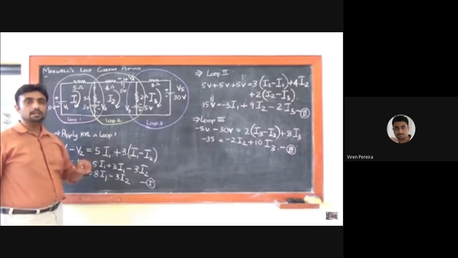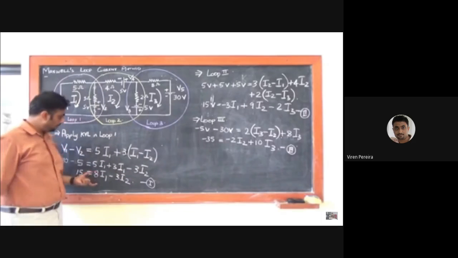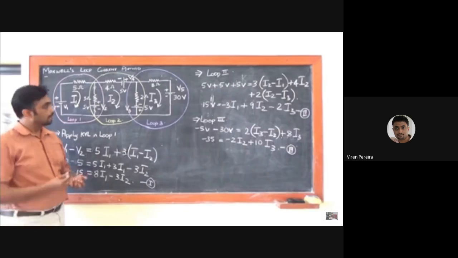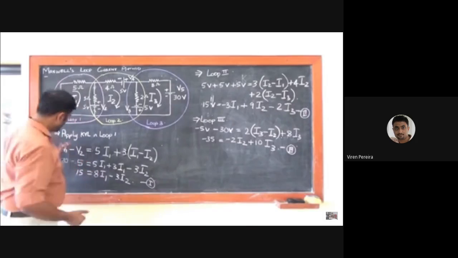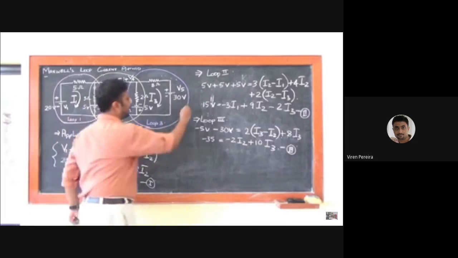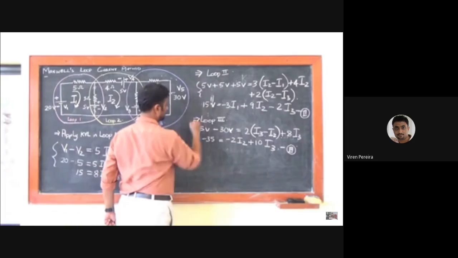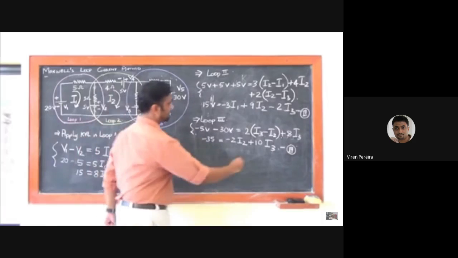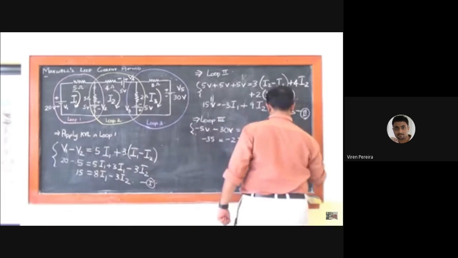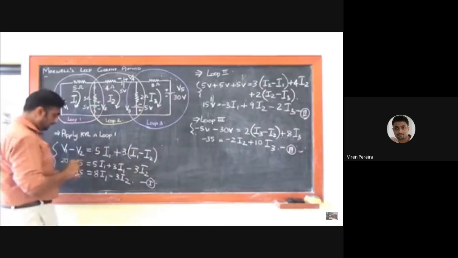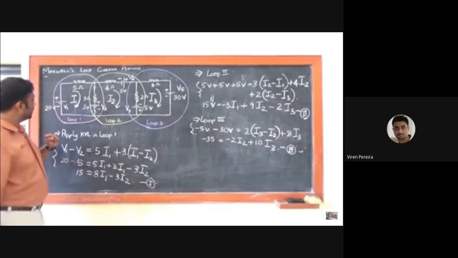But there is another shorter cut method where you can just write these equations and come to it. Now, instead of going for these 2 steps, we can avoid these 2 steps and come to equation 1, equation 2 and equation 3 directly using a simple method.